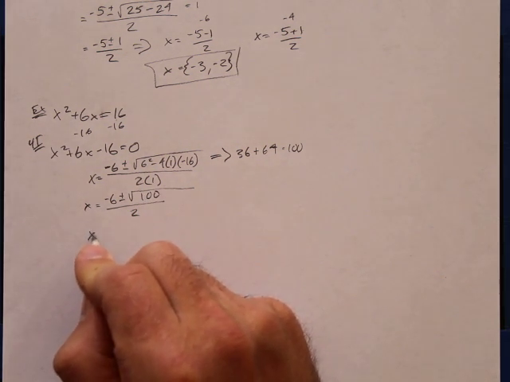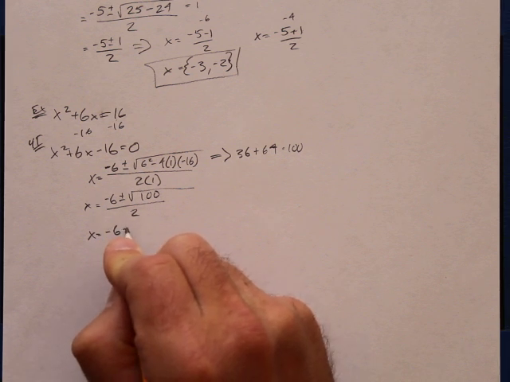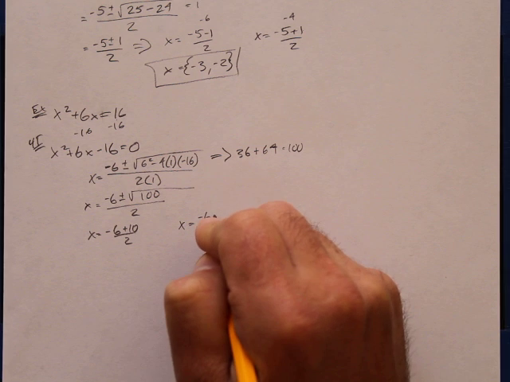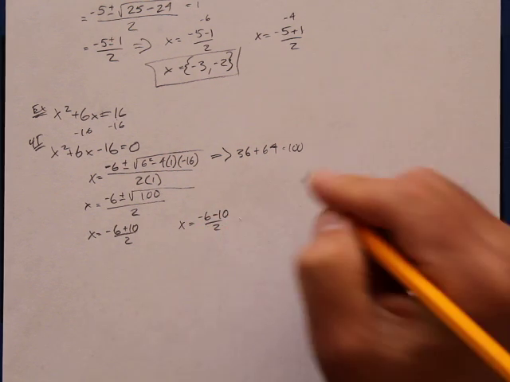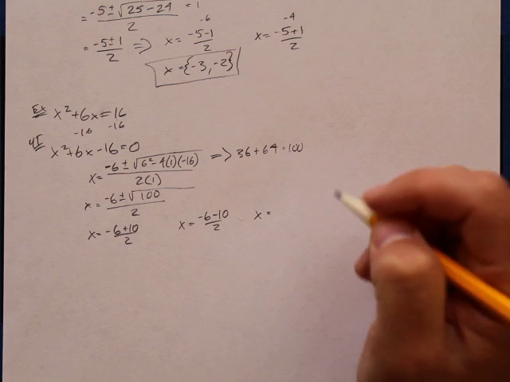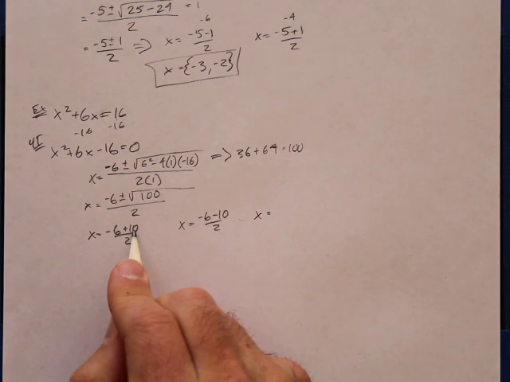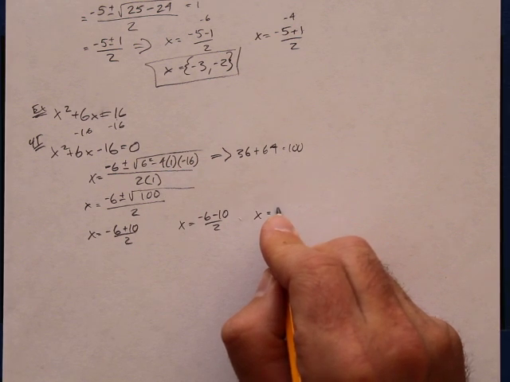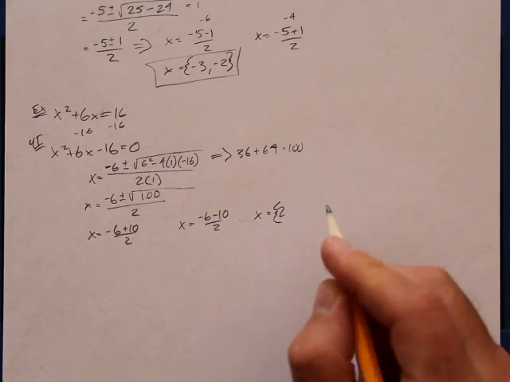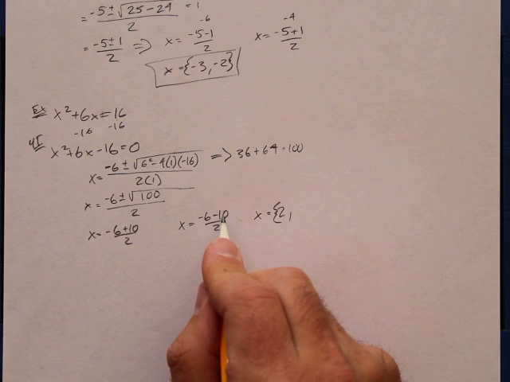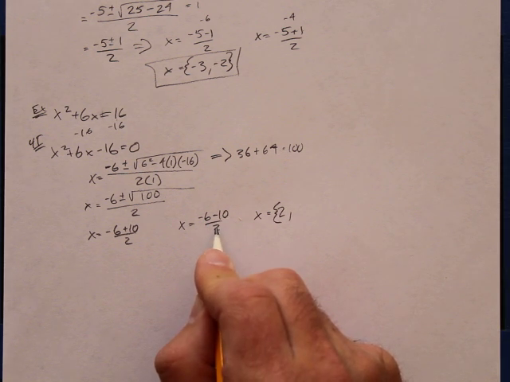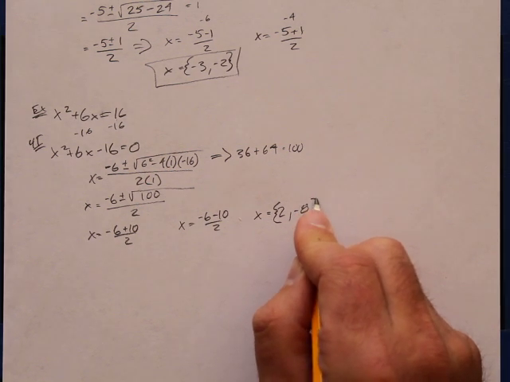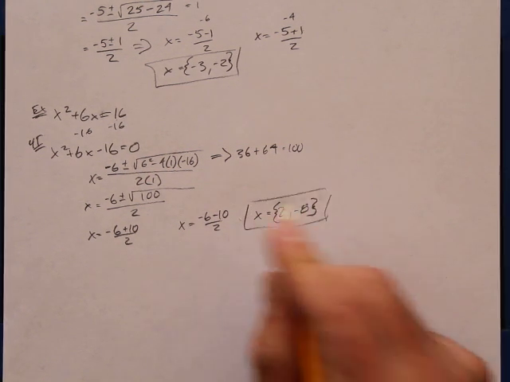So I've got x equals negative 6 plus 10 over 2, and x equals negative 6 minus 10 over 2. So x equals negative 6 plus 10 is positive 4, over 2 is 2. And negative 6 minus 10 is negative 16. Negative 16 divided by 2 is negative 8. There's my solution set.